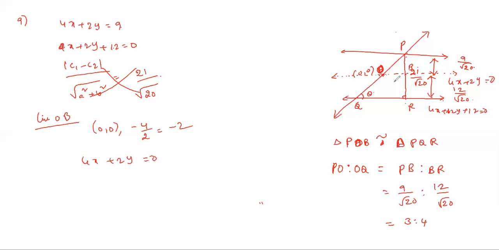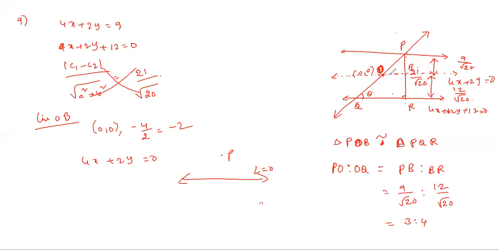You take any one line, any point. If you substitute this point in this line and it is greater than 0, all points greater than 0 lie on one side, and less than 0 on the other side. That's why one negative, one positive means between the lines, between the parallel lines only.